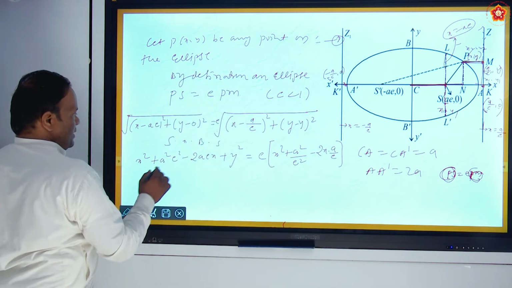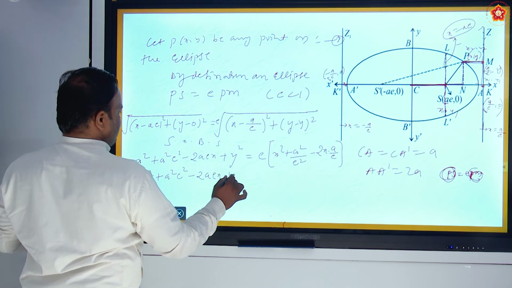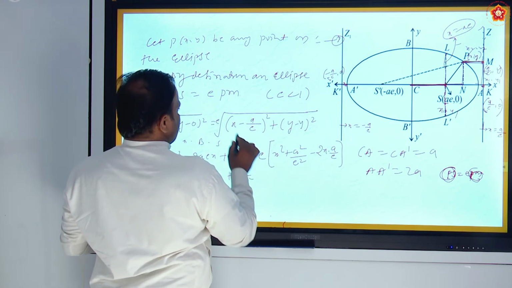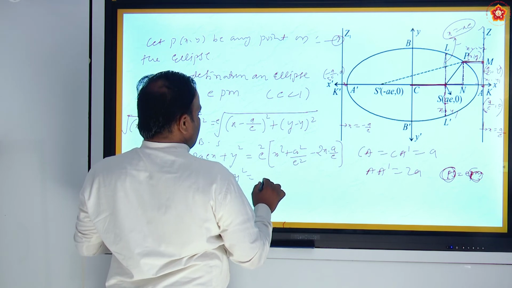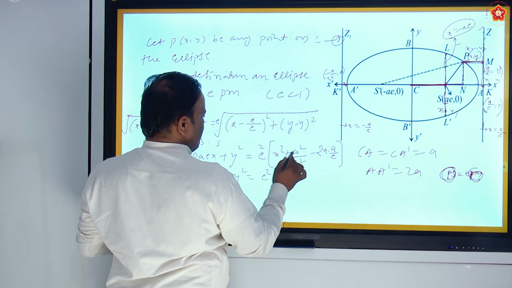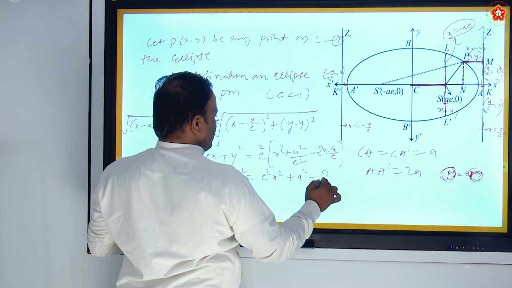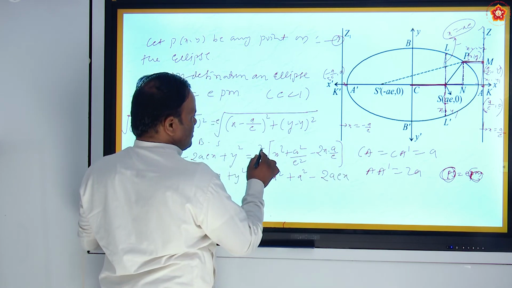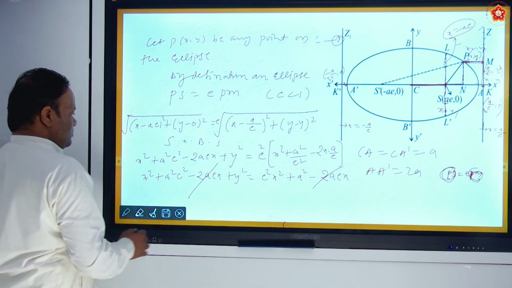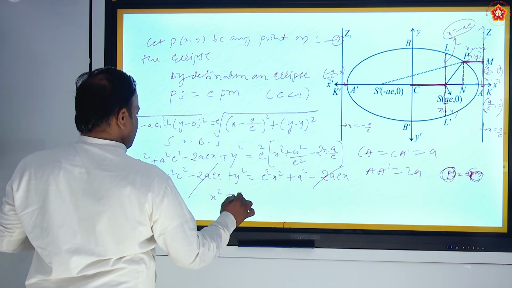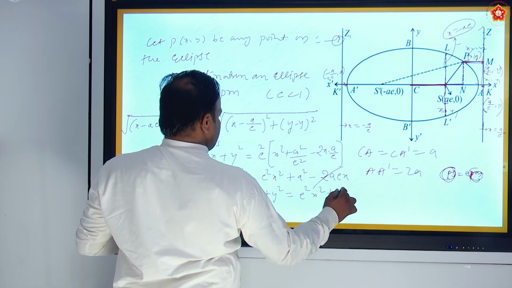Now multiply e square into the bracket. Remaining is e square x square, e square a square by e square is a square, and the 2ax terms get cancelled. What remains here is x square plus a square e square plus y square equal to e square x square plus a square.